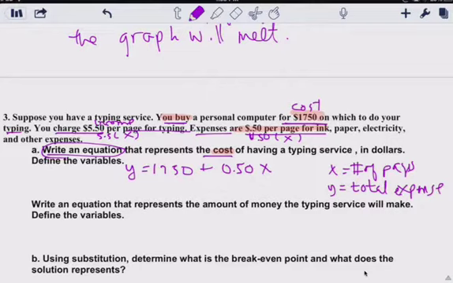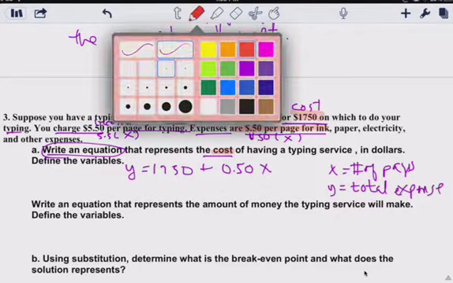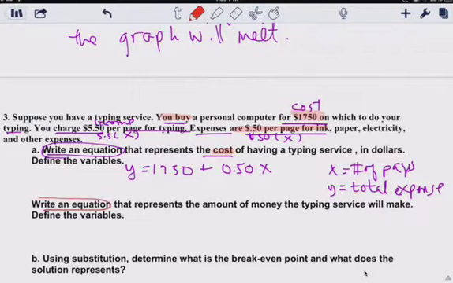Okay? And then you write an equation that represents the amount of money the typing service will make. So this is the income. The income is you charge that per page. And that's it.